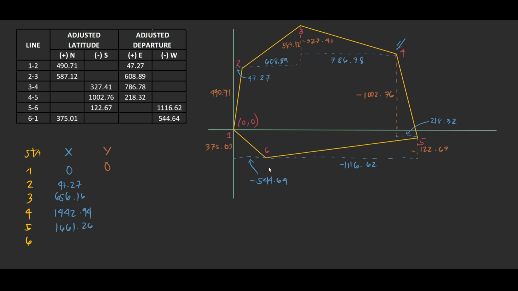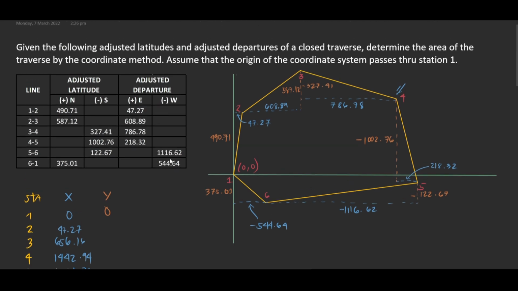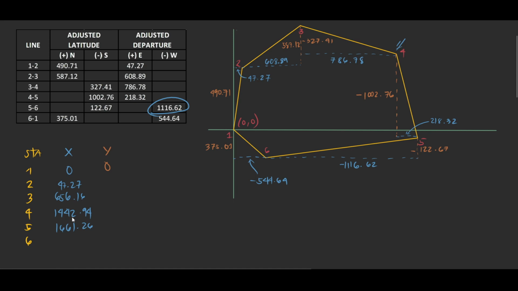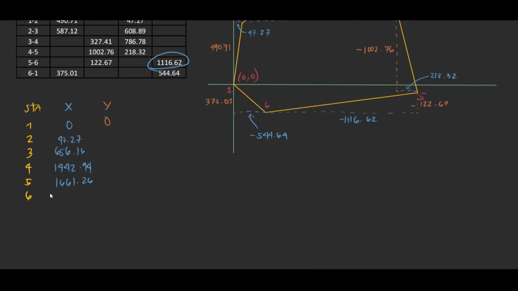And then what do we have here? So this is the last station that we need to compute, right? So take note, this is to the west, negative 1116.62. So we're going to subtract 1661.26 minus 1116.62.